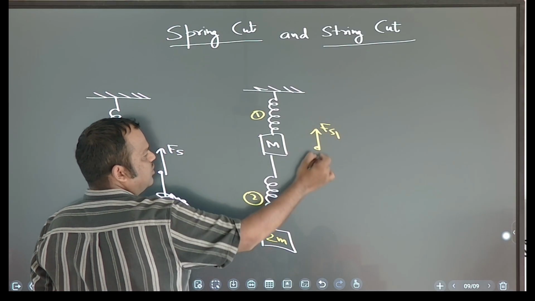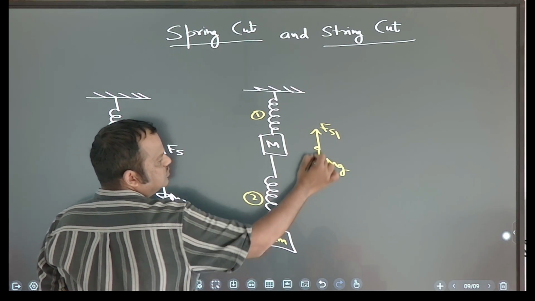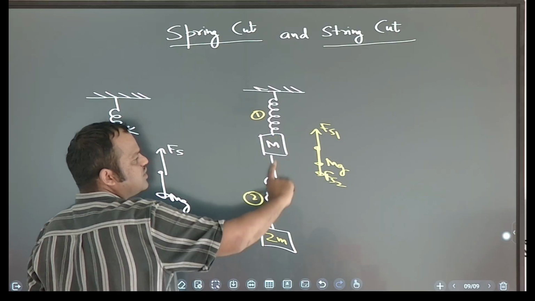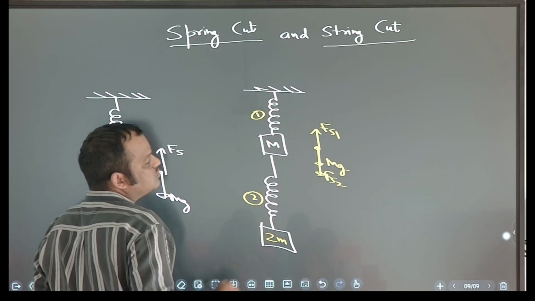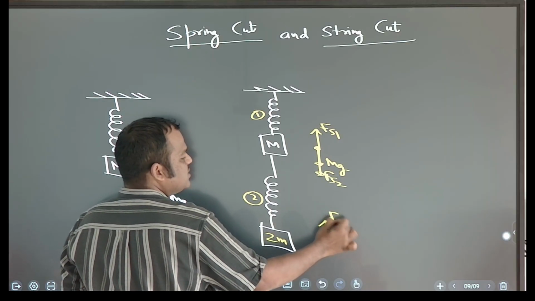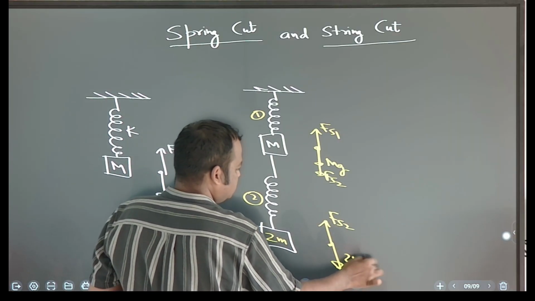Spring force 1 upward, downward force mg, and spring force 2 downward, correct? Both springs are elongated, and for this 2M, Fs2, spring force 2, upward, 2mg downward.